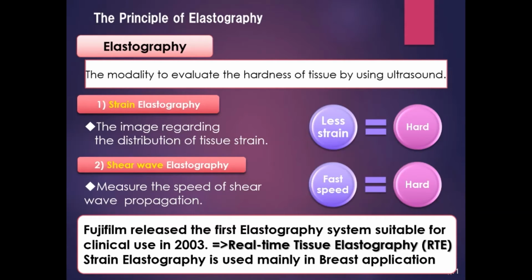Fujifilm Healthcare released the first strain elastography system suitable for clinical use in 2003. This is called Real-time Tissue Elastography, RTE in short. Strain elastography like RTE is used mainly in breast application now.